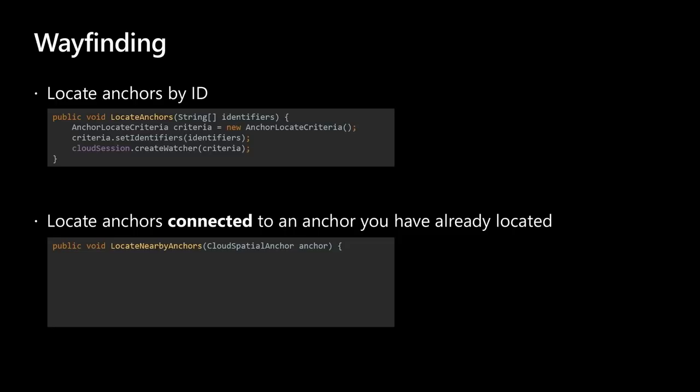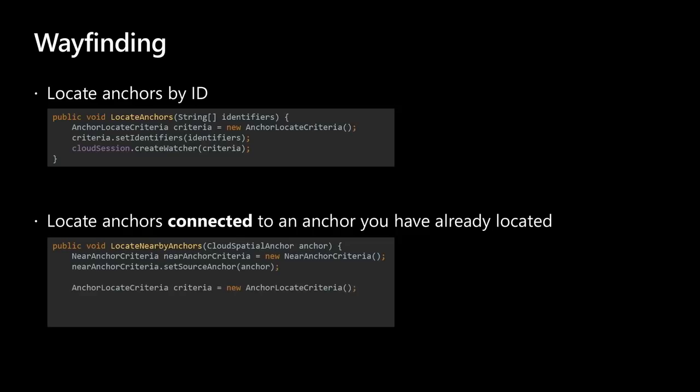So that's an anchor that's been located. We'll create a new criteria called this near anchor criteria, set the source anchor of the anchor that's already been found, and then we'll go back to our anchor locate criteria, set the near anchor as that near anchor criteria, and create a watcher. Semantically, what this means is you found that cloud spatial anchor, and you want to find anchors connected to it.